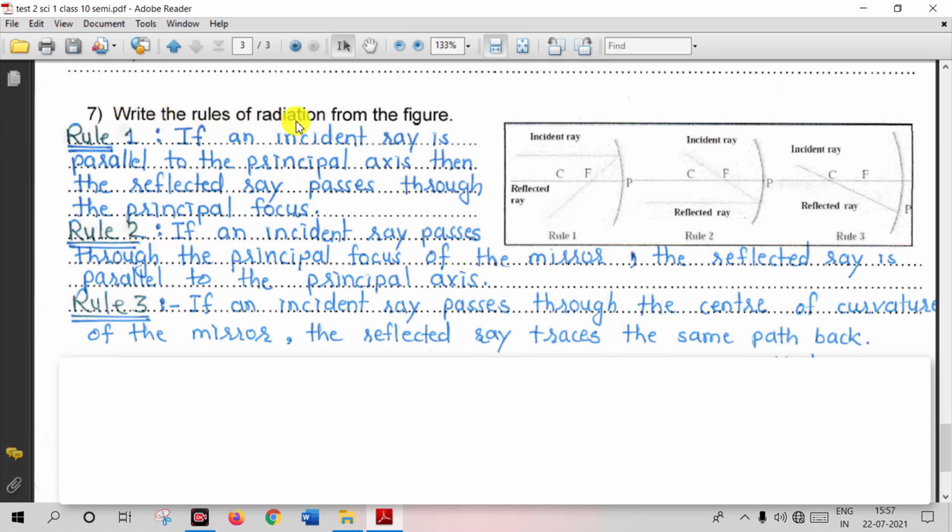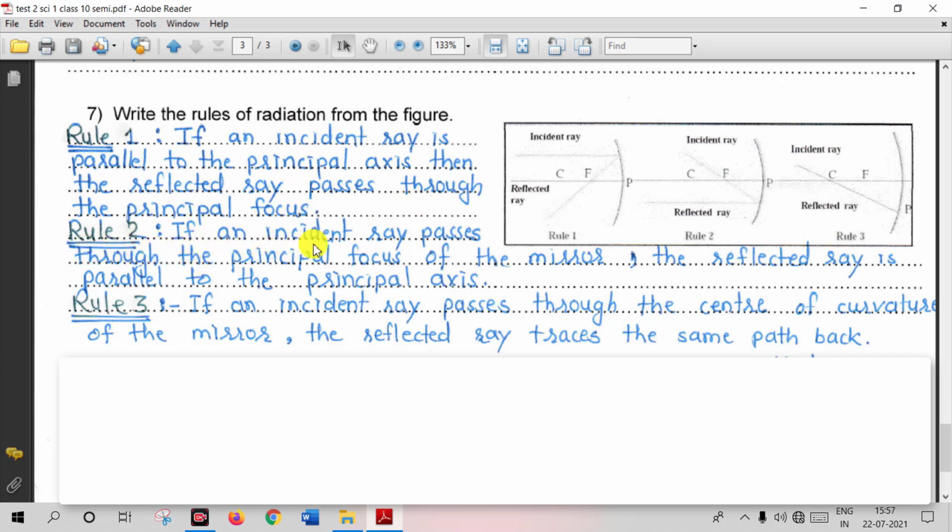Question number 7. Write the rules of reflection from the figure. First, we have to observe the figure and then write the rule, and rule 1 is related with the first figure. If an incident ray is parallel to the principal axis, then the reflected ray passes through the principal focus. Rule 2.